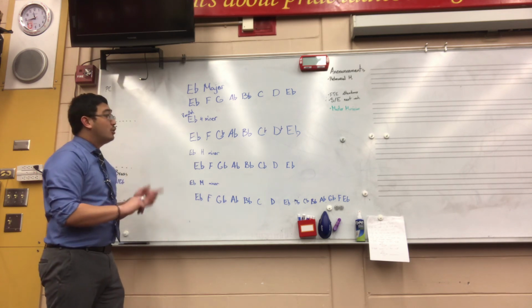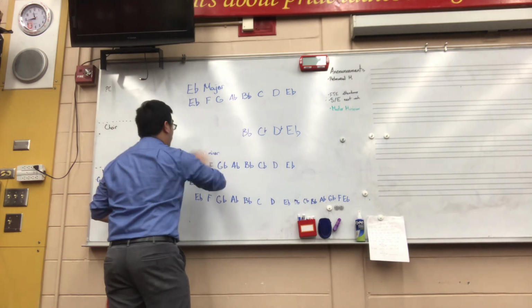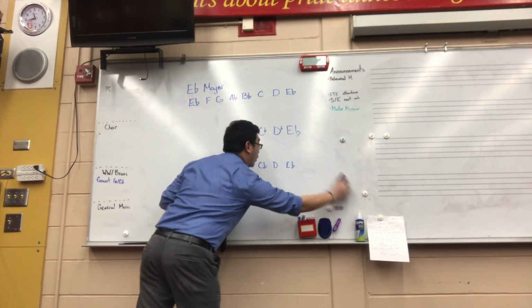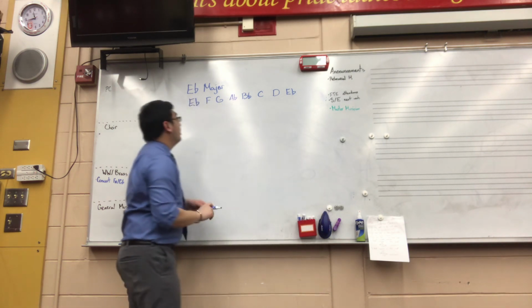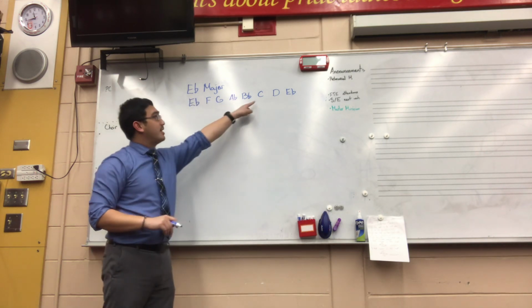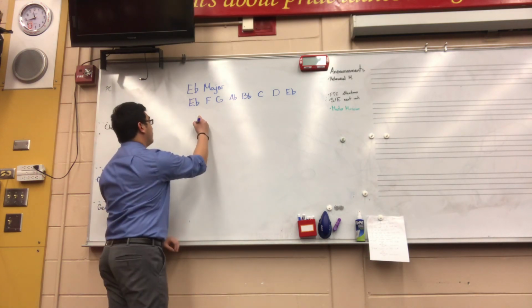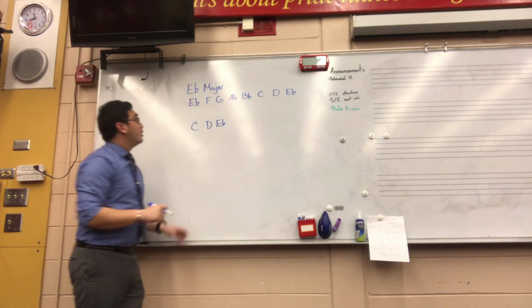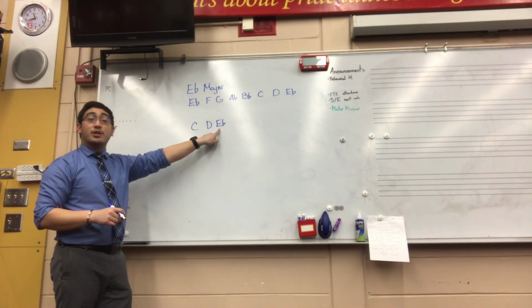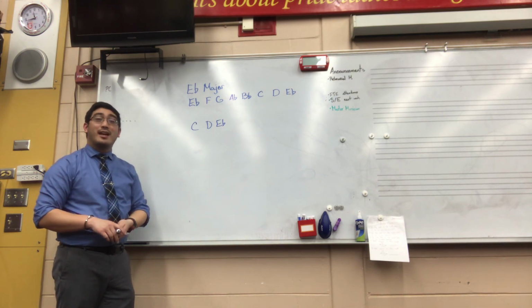To find the natural minor from the major scale, scale degree 6 of your major scale gives you the relative minor. Scale degree 3 of your natural minor gives you your relative major. Best of luck to you with relatives and parallels.